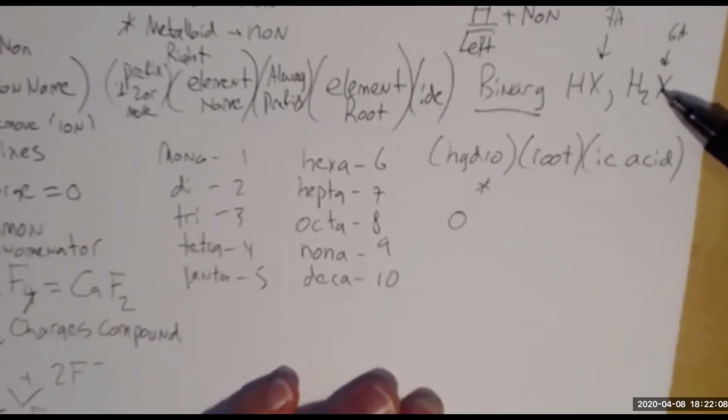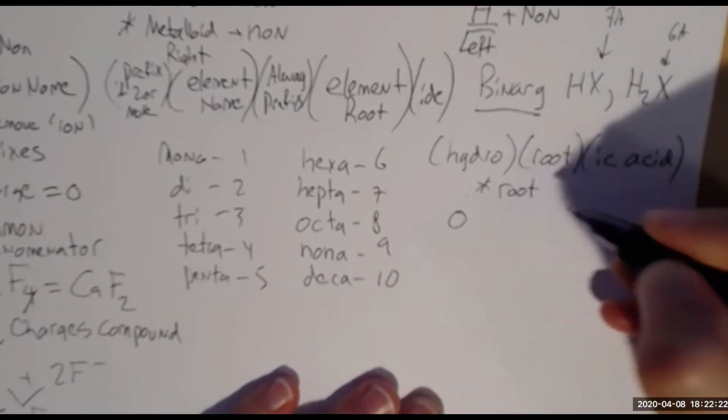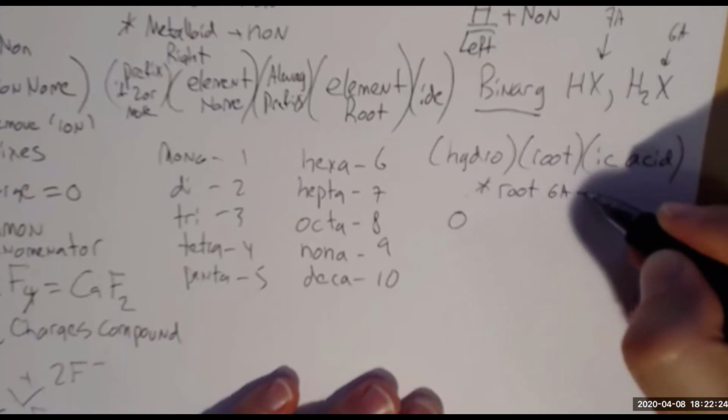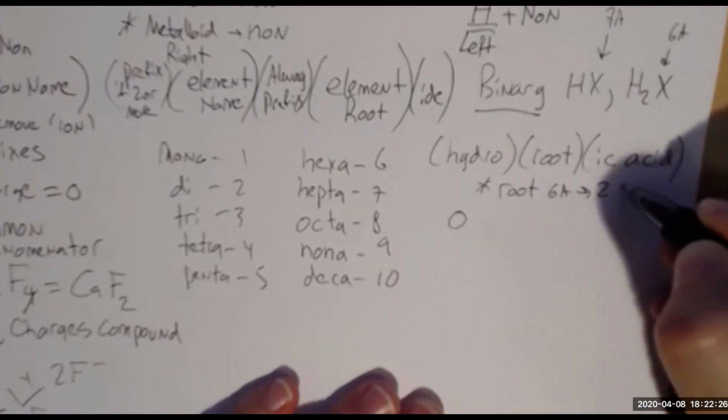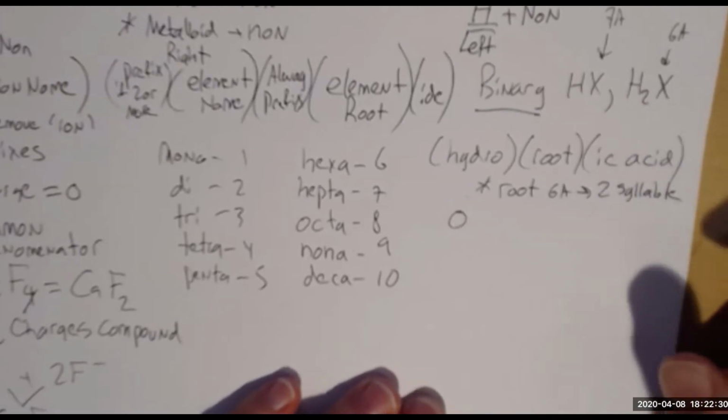Oxide, sulfide, selenide, telluride have a -2 charge. And the root for the 6As gets 2 syllables. So maybe that's a little sub rule.